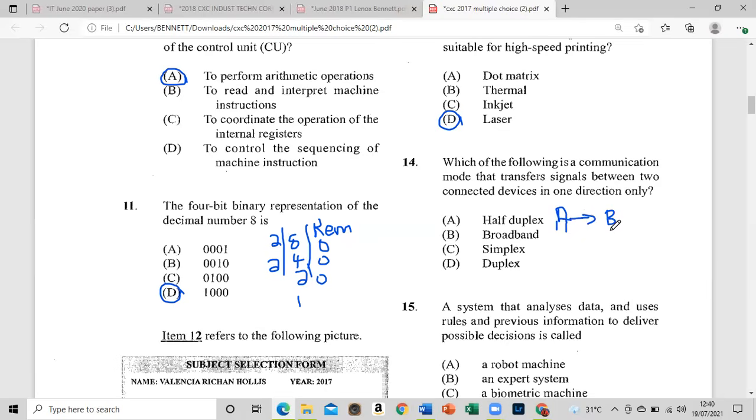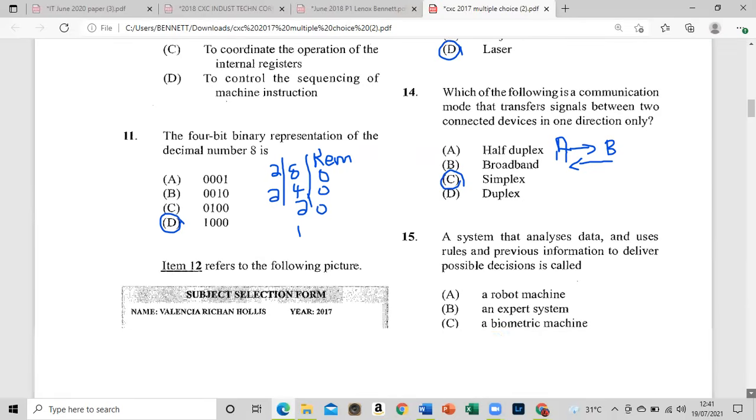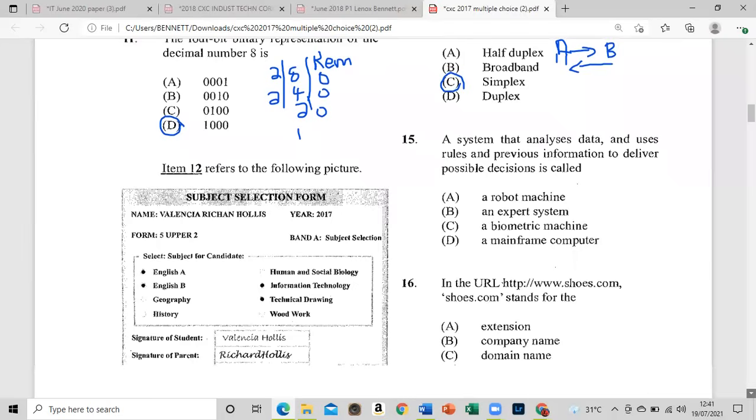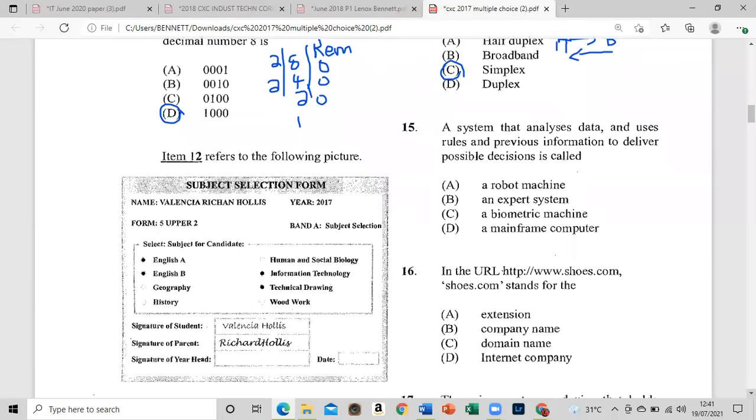But after the person finishes, B can send. No, so that is not half duplex, it was actually simplex. Simplex only allows for one direction, and full duplex allows both to go back and forth at the same time. All right, hope that's clear. You can come on the paper too.